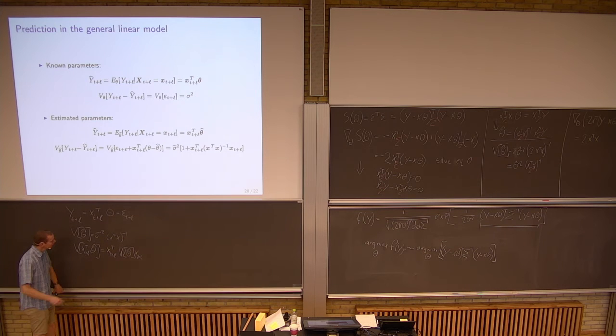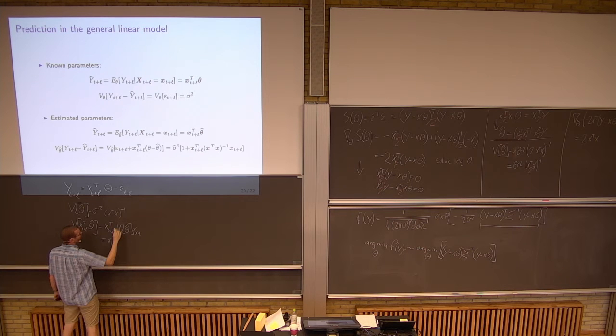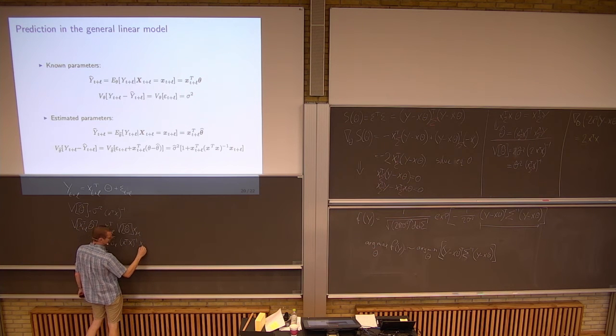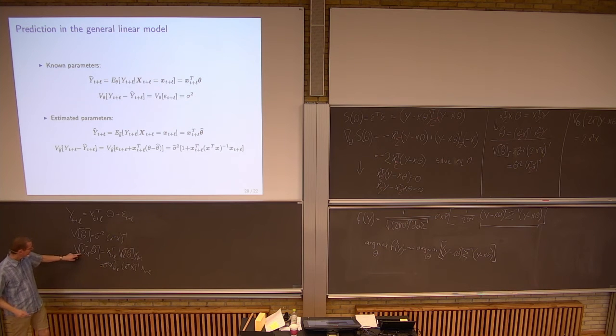And if I insert here, I get x_{t+L} transpose, then I have the X transpose X inverse, and then I have x_{t+L}, and then I forgot to add the sigma square somewhere. So that's what I get as contribution from the variance of the prediction when I do not know theta but I estimated it.